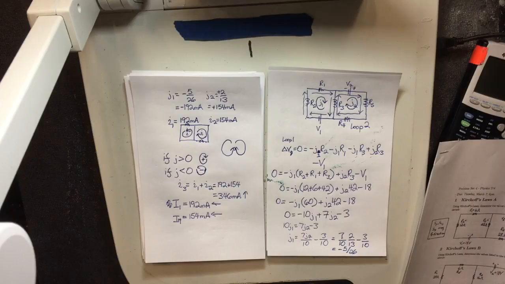I think the question you're asking is, if I was to require the voltage drop across that resistor, then I would say yes. You've got the current going through it, you've got the resistance, so you can figure out the voltage drop from there.